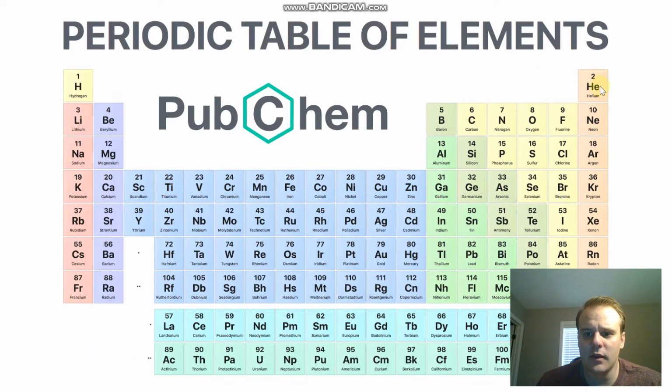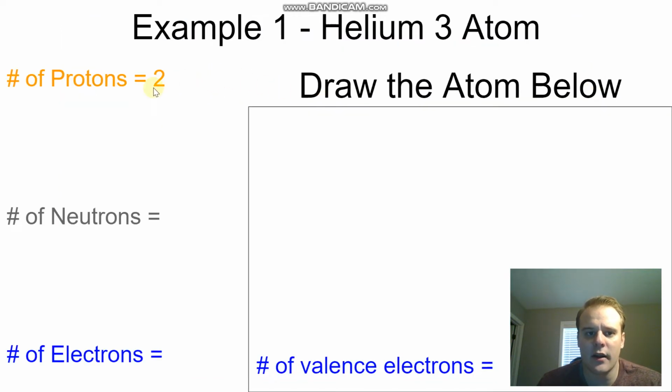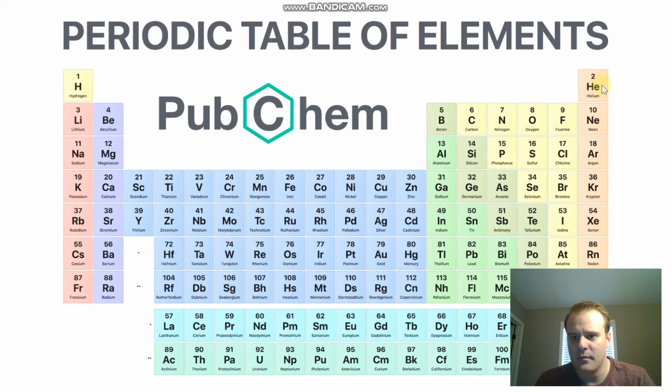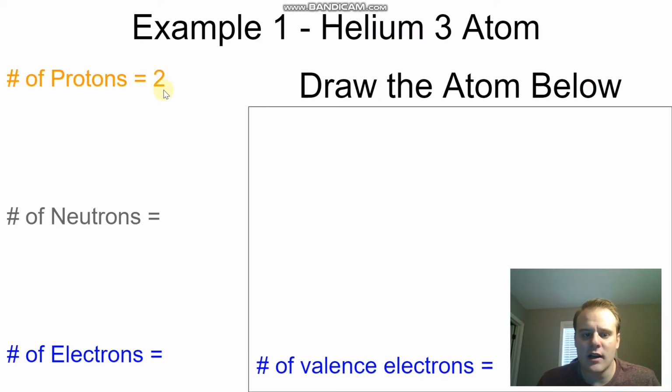And so helium is right here. This is helium, and it has an atomic number of 2, and that tells us how many protons that atom has. So helium is going to have 2 protons, because on the periodic table, helium has atomic number 2. Okay, so 2 protons.